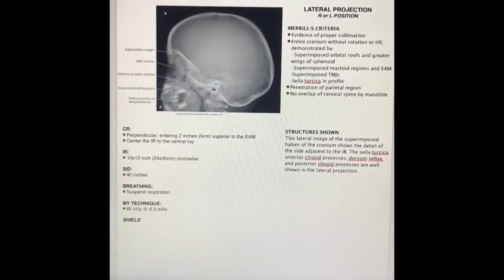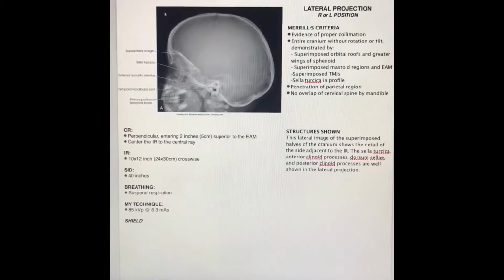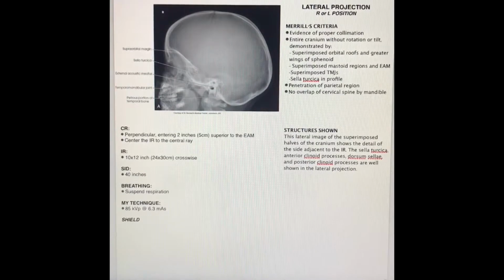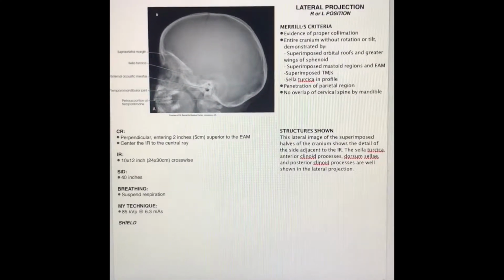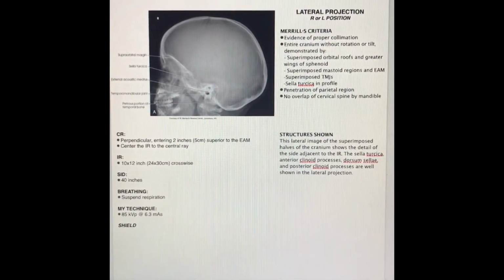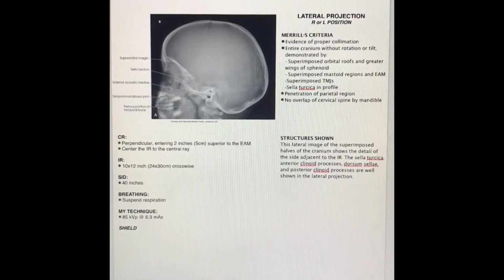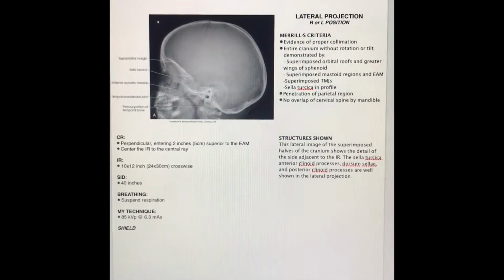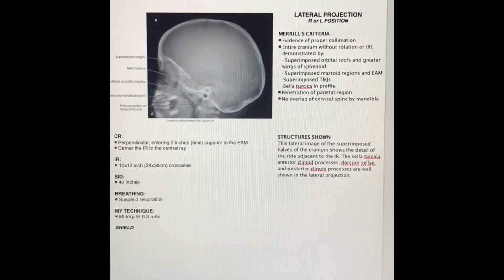Entire cranium without rotation or tilt, we see the whole thing, and it's not rotated or tilted. It is also demonstrated by superimposed orbital roofs and greater wings of sphenoid, superimposed TMJs, superimposed mastoid regions and EAMs, and sella turcica in profile.